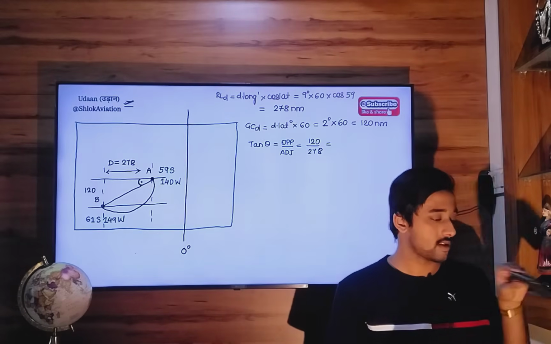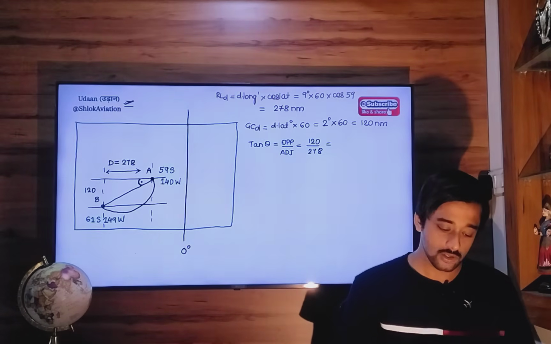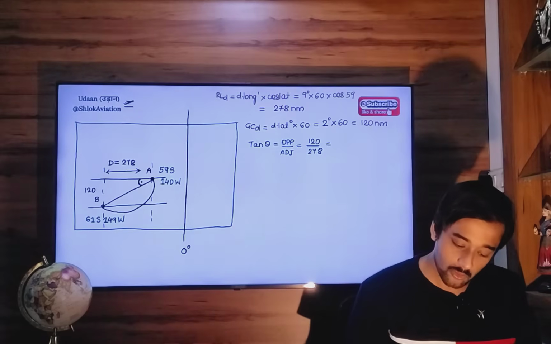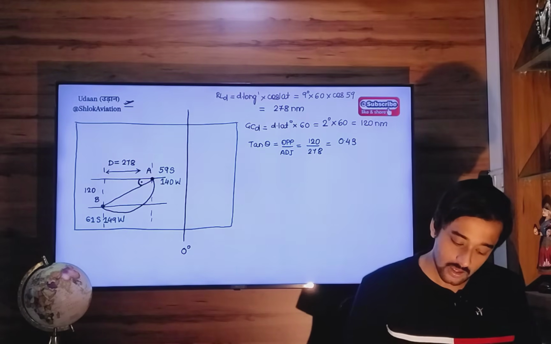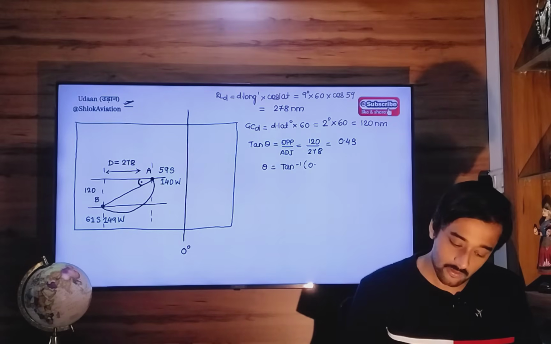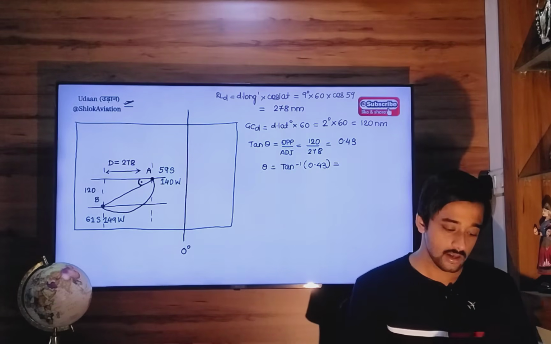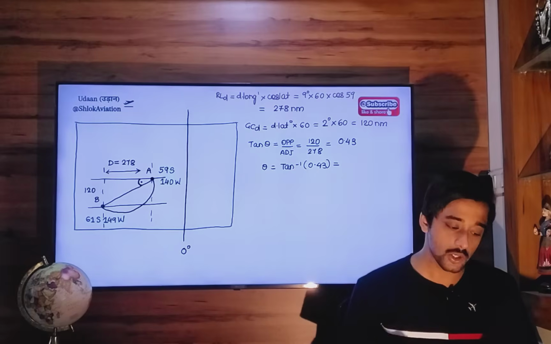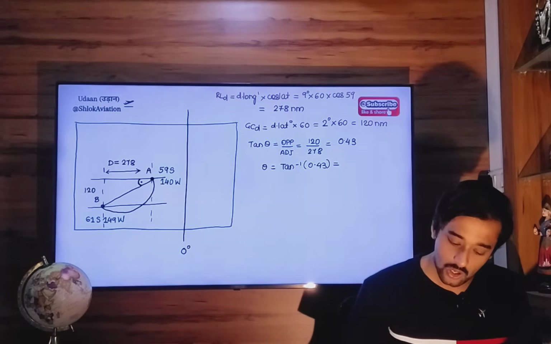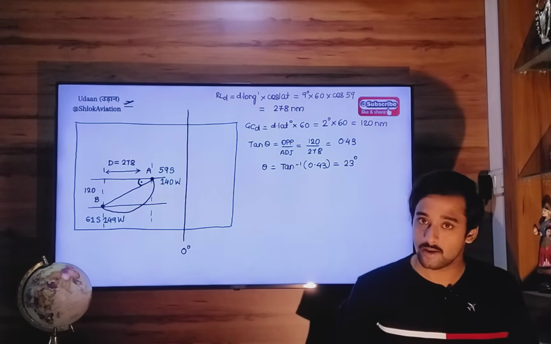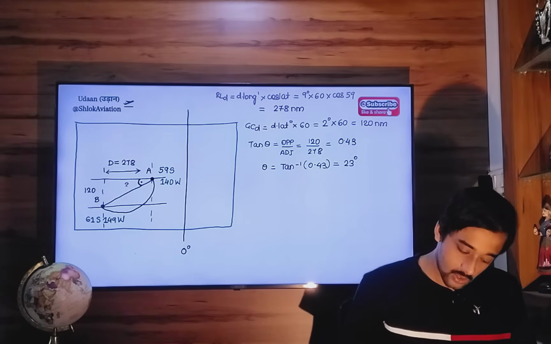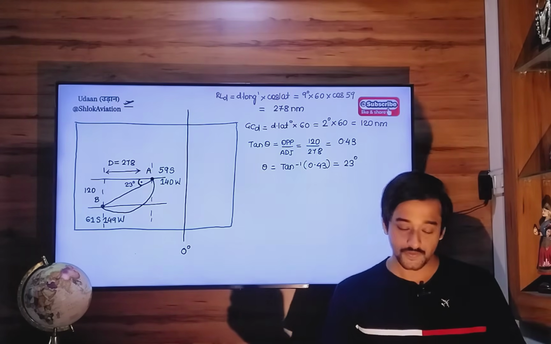So 120 over 278 is 0.43 something. So theta will be tan inverse 0.43. Shift tan inverse gives 23 degrees 20 minutes, or let's consider 23 degrees. So this angle is 23 degrees.